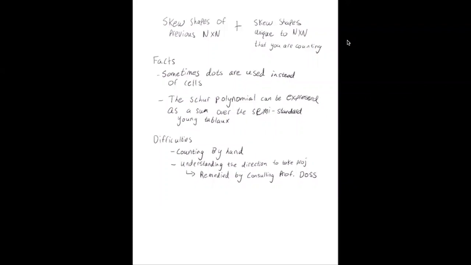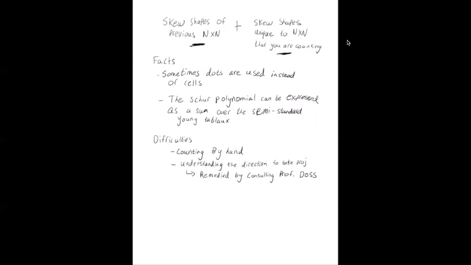Just to reiterate, we can count skew shapes in a recursive-like fashion if we know the amount of skew shapes we can pull from a lower n by n matrix, and then we count the shapes that are unique to the n by n matrix that we are currently calculating.